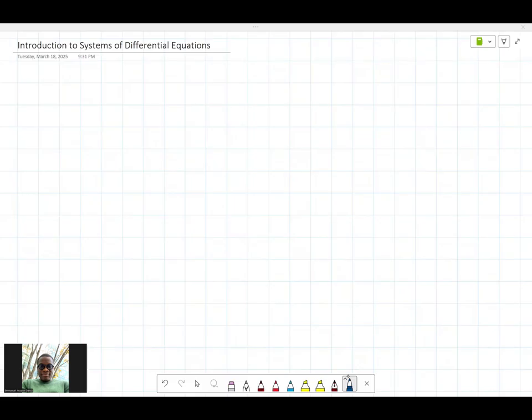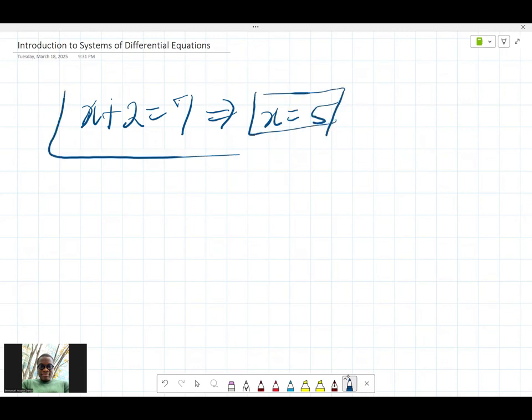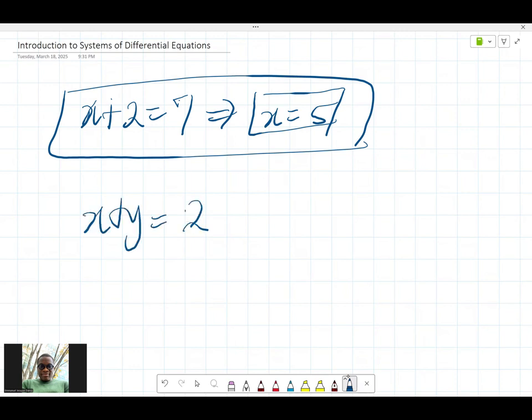We're still talking about differential equations, and we are getting into a dimension that is really interesting, talking about systems of differential equations. Just like in the case of equations, where we can have just one equation, say x plus 2 equals 7, and then you solve and you get x equals 5, and then you can graduate from that and have maybe x plus y equals 2, and x minus y equals say 0.